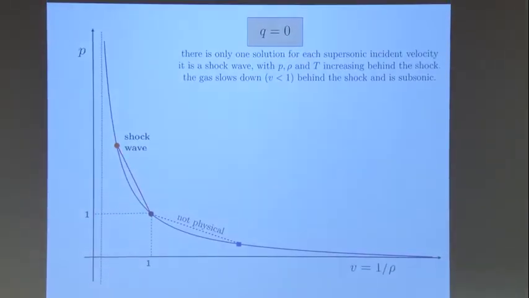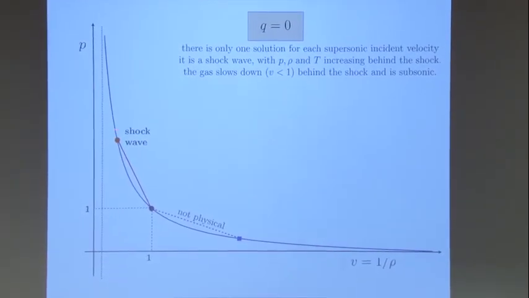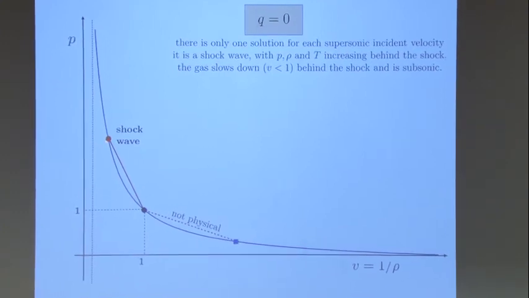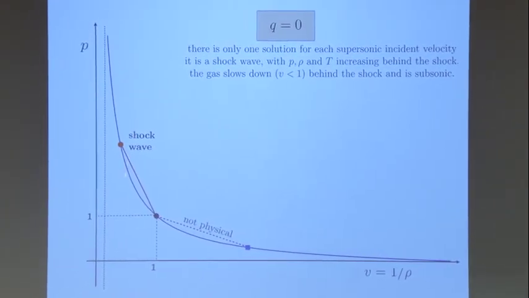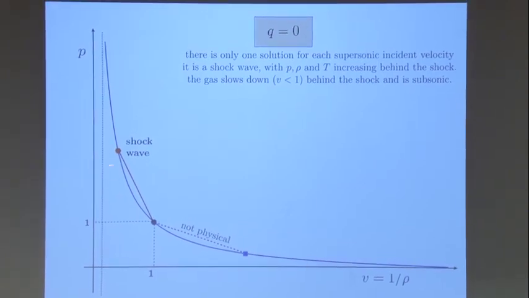Well, one possibility is this solution. That's one intersection of the Rayleigh line with the Hugoniot. And that will correspond to a situation where downstream the velocity is lower, the density increases, and the pressure increases, so that's like a shock wave. Okay, so this is not like, but it's a shock wave.